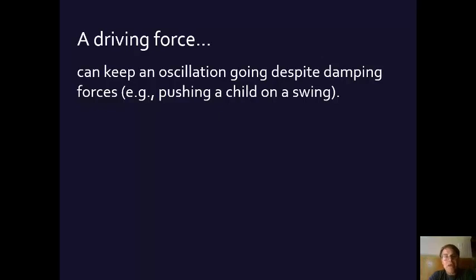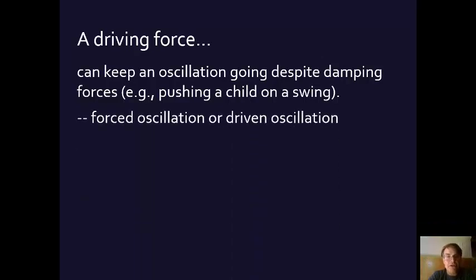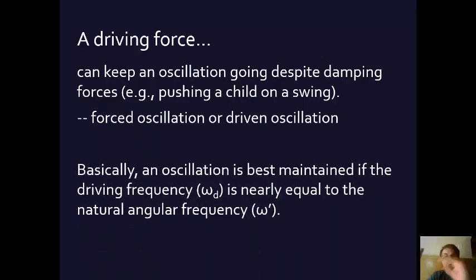Okay, so we call this forced oscillation or a driven oscillation, and what you discover experimentally, and it turns out that the math works as well, is that the amplitude is going to be greatest if the external driving frequency is about the same as the natural angular frequency.